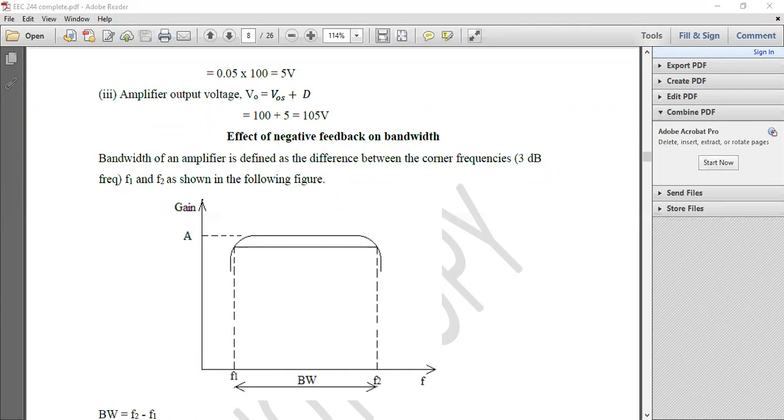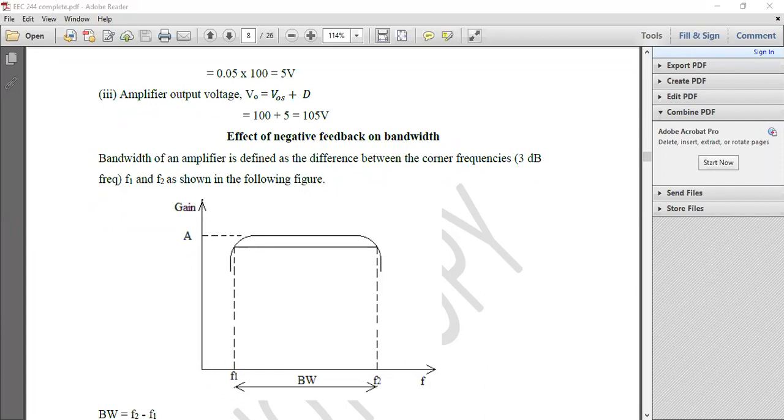The difference between these two is the bandwidth, BW. By calculation, we could say BW equals F2 minus F1, whereas F1 is the lower 3 decibel frequency, and F2 is the upper 3 decibel frequency.